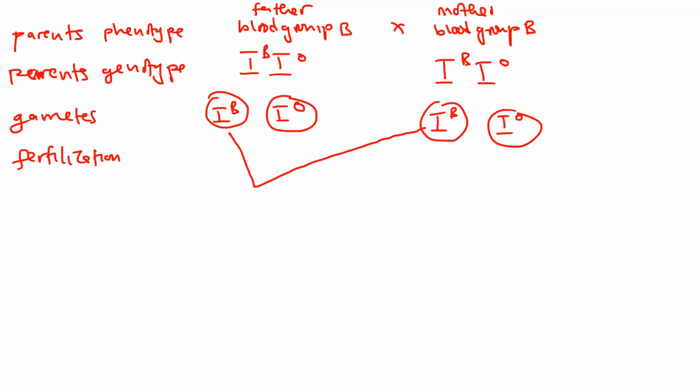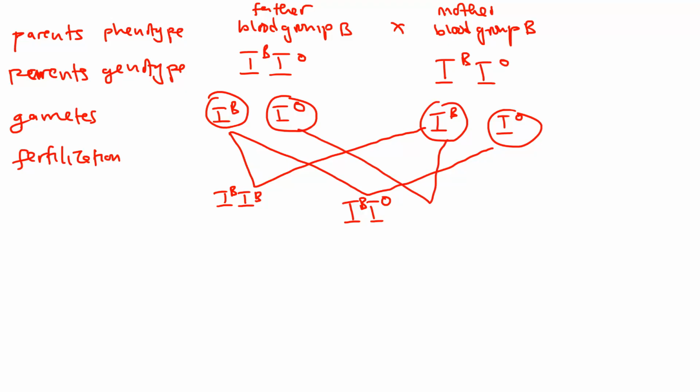This with that, we are going to have blood group B. Then this with that, we are going to have blood group B still, but heterozygous. Then this with that, we start with the dominant. We said the alleles for blood group A and B are dominant. This and that, we are going to have blood group O. So blood group O is only expressed in the homozygous state.